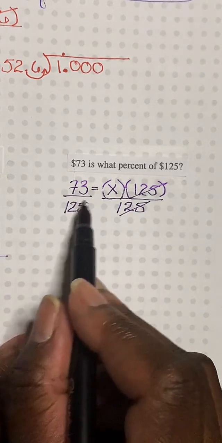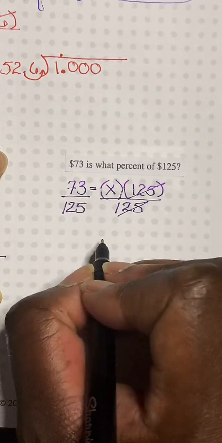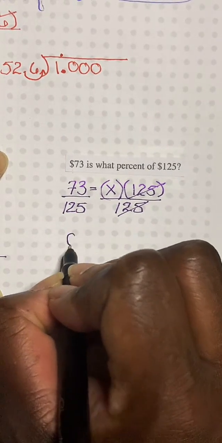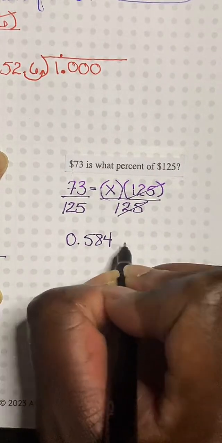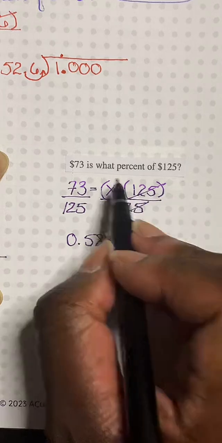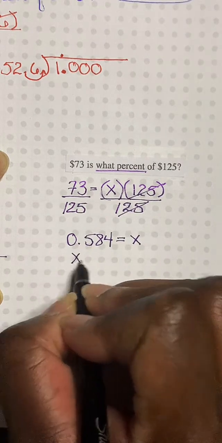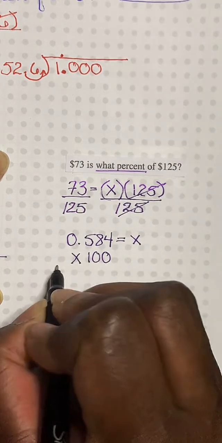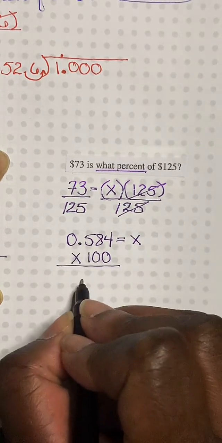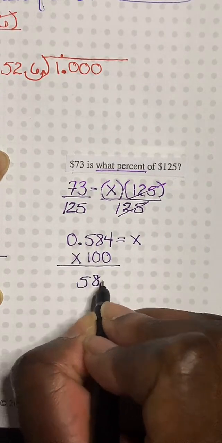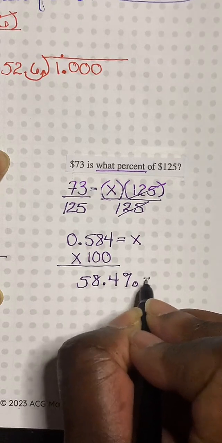So 73 divided by 125. If you do the division, it actually gives me 0.584. But since they're asking for what percent, we need to multiply this by 100. If we multiply it by 100, remembering the decimal movement, it will give you 58.4. And we put our percent.